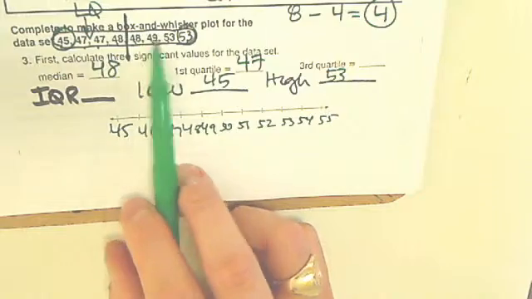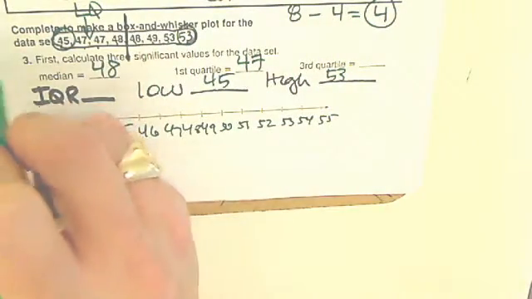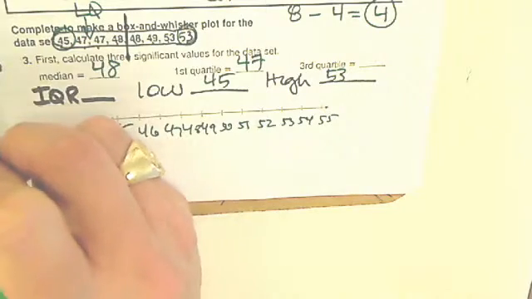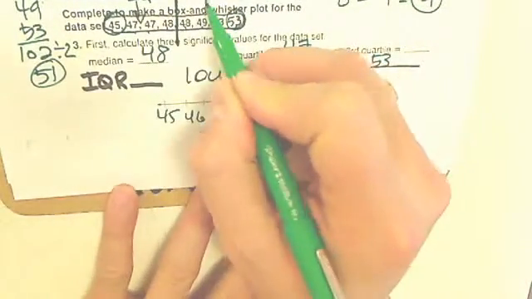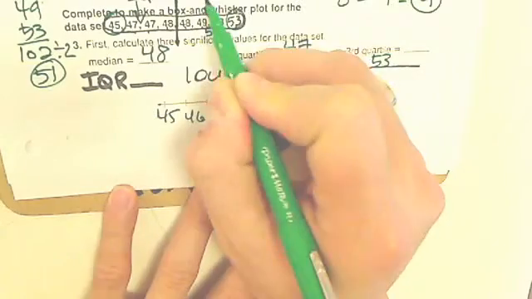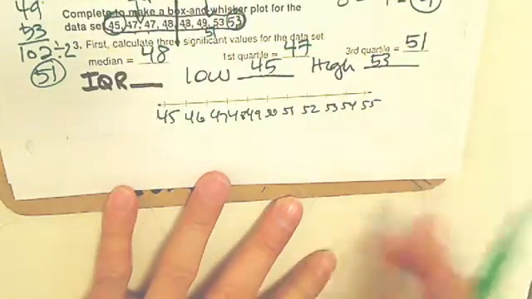If you don't know, 49 plus 53 is 102. Half of 102 is 51. So 51 is right here. That's the upper quartile, 51.